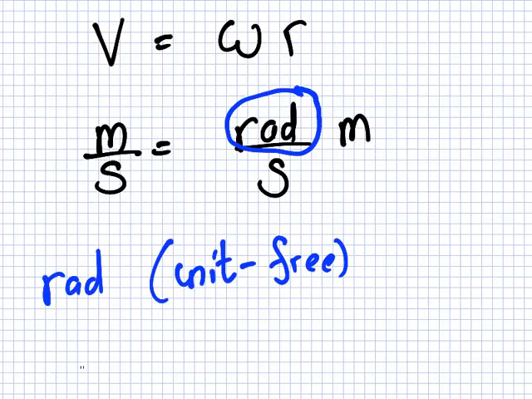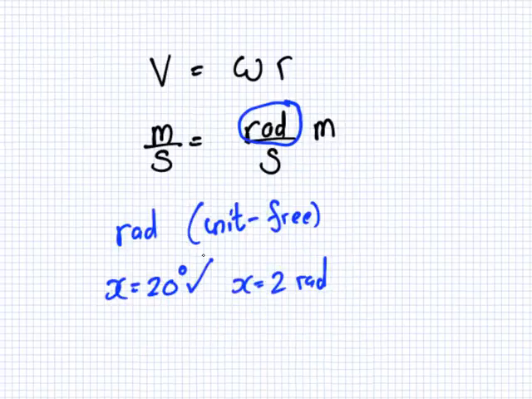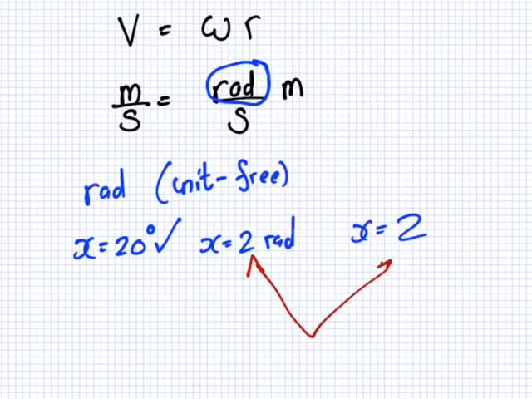For example, I could say x equals 20 degrees. The degree is a unit. I could say x equals 2 radians. But I could also say x equals 2, and these are actually the same.